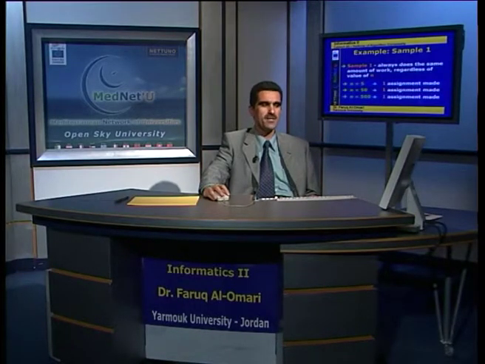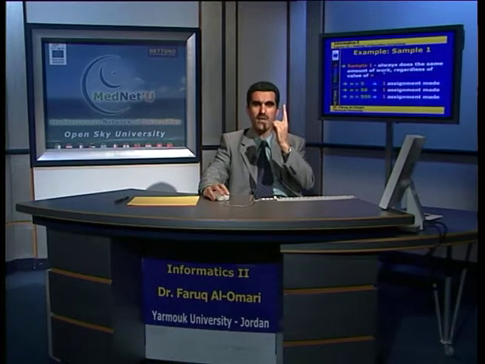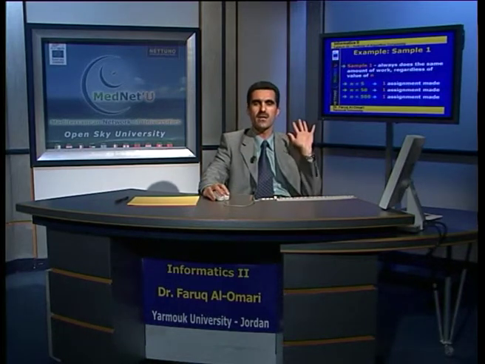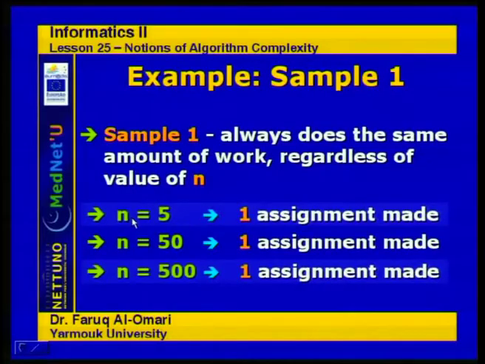Okay, based on this, let's look at sample 1. Sample 1 always does the same amount of work regardless of what n is, right? It performs only one assignment. It multiplies n by itself and puts it in sum, and it returns, right? So whether n equals 5, I'm going to make one assignment.